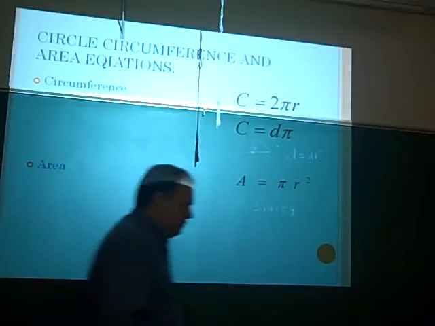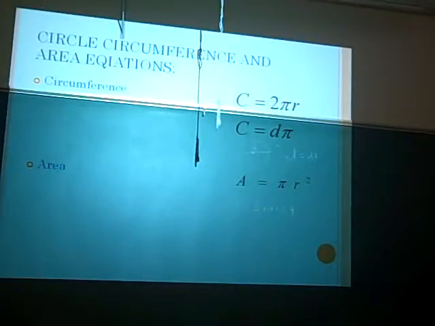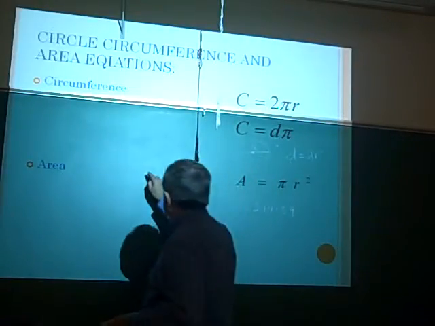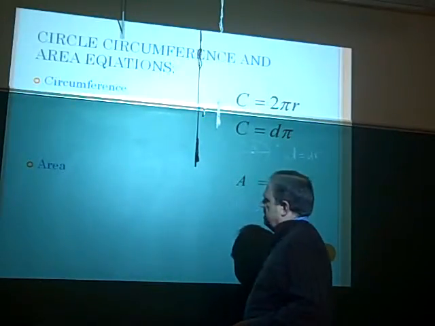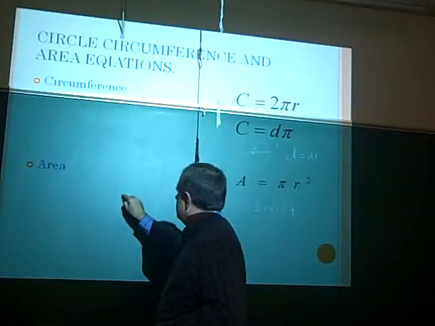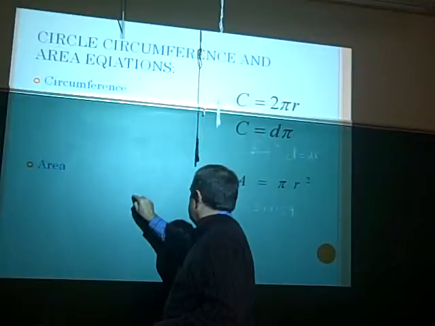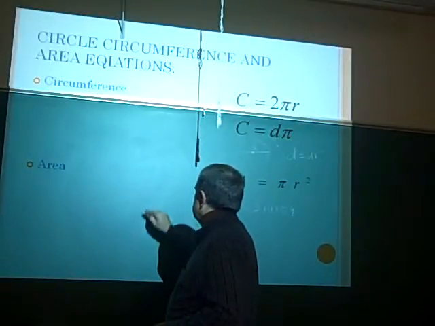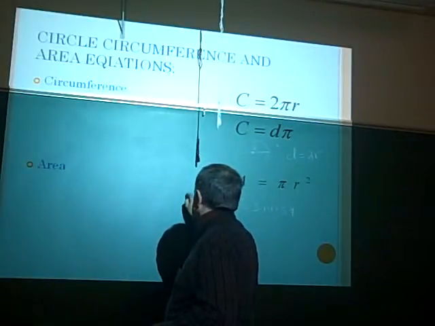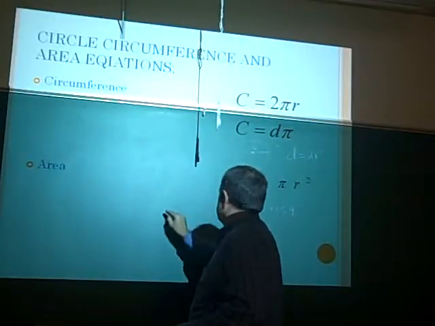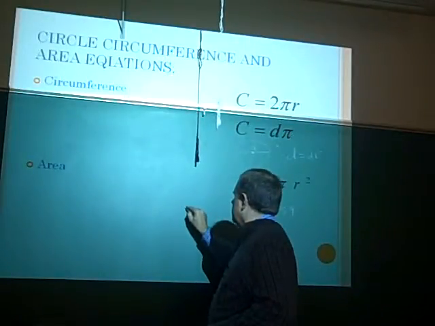Okay? So, if we have a problem where, for example, the radius is equal to 2 inches, and we want to find the circumference, that would be 2 times pi times the radius, which would be 2 times pi times 2 inches. So that's basically 4 pi inches.